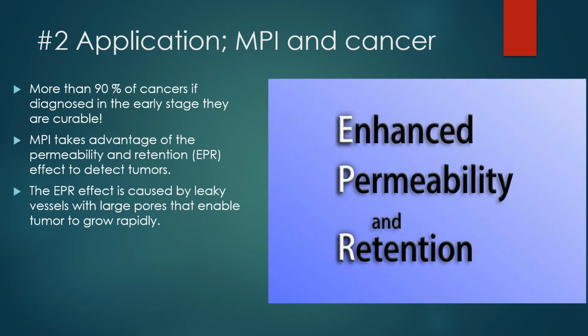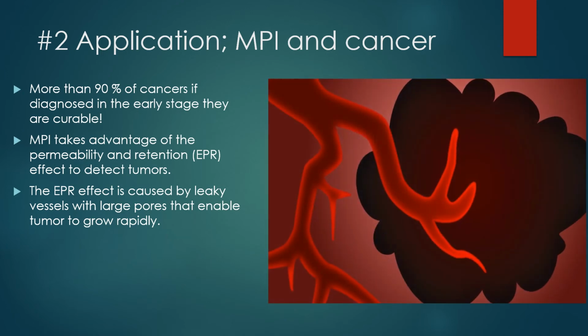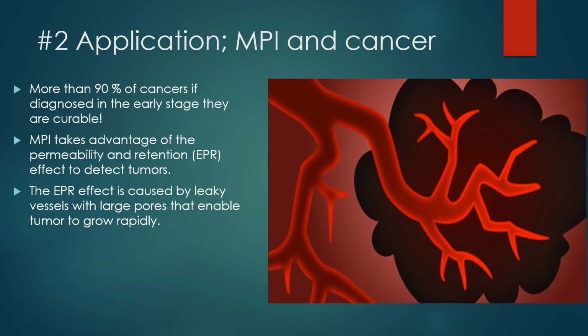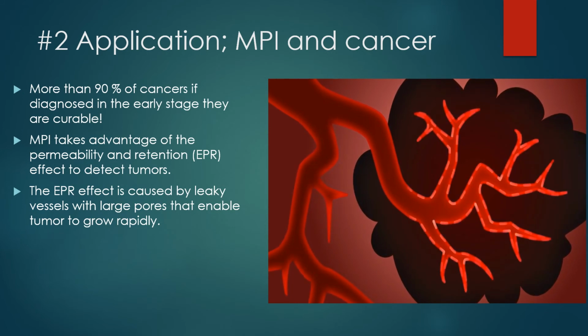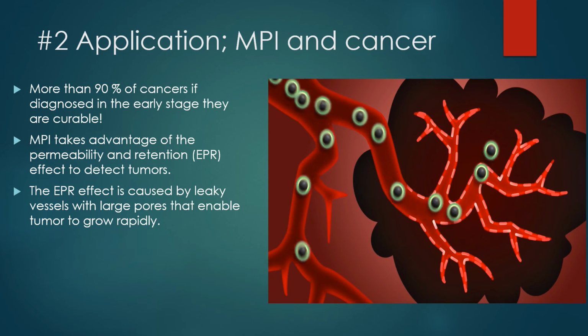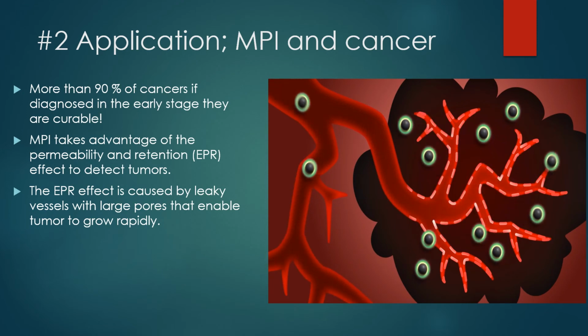At first, I want to explain a phenomenon. Its name is enhanced permeability and retention. It says that tumors have many leaky vessels, and these leaky vessels provide the opportunity for nanoparticles to be released from the vessels into the tumors.